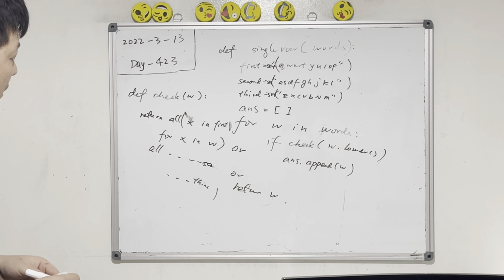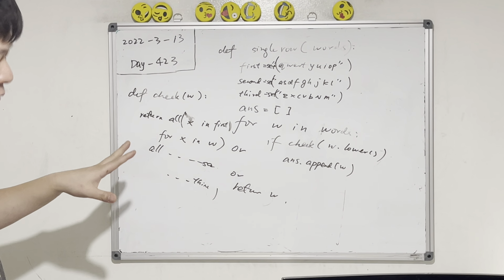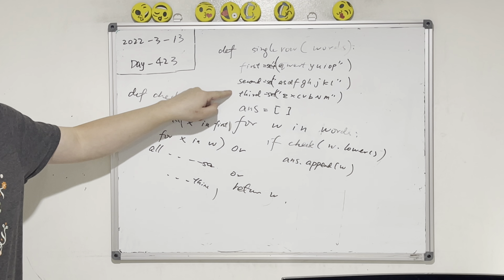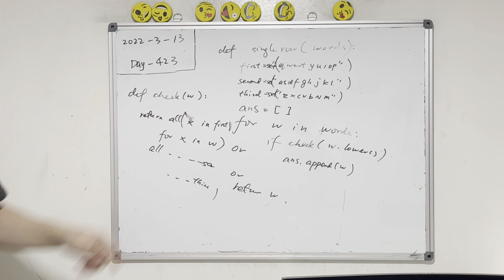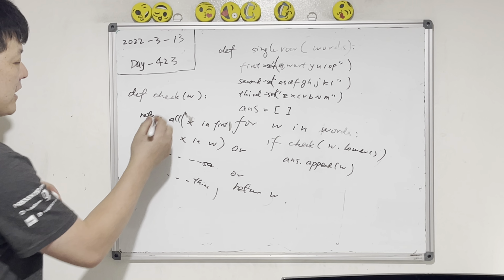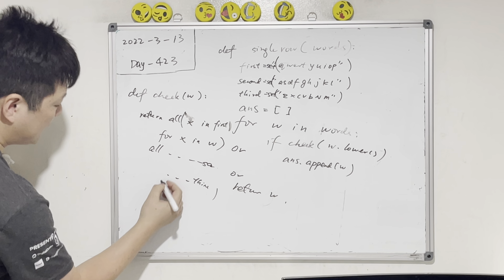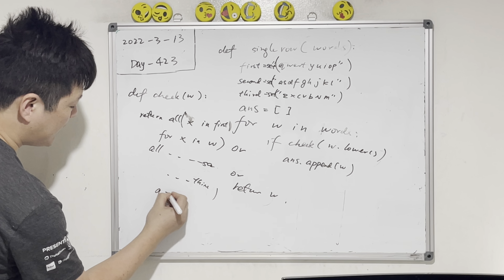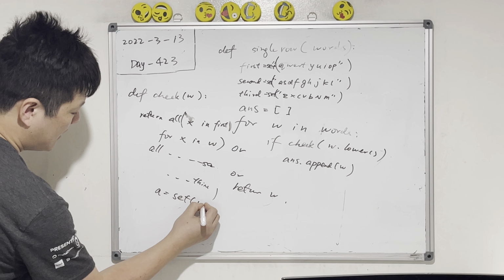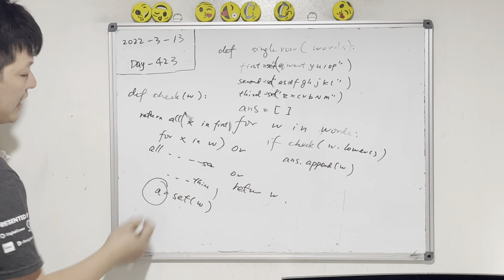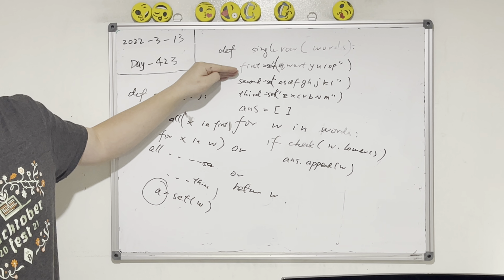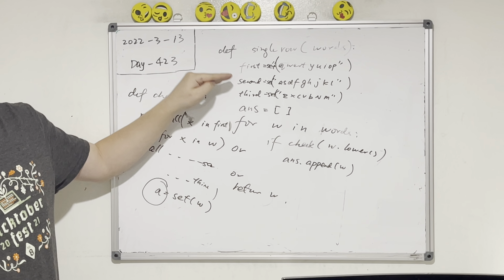The other way is we can convert it into a set. Remember, we already have the set of first, second, third. If we convert W, let's say A equals set W, then we just have to check if A is a subset of first, or a subset of second, or a subset of third.